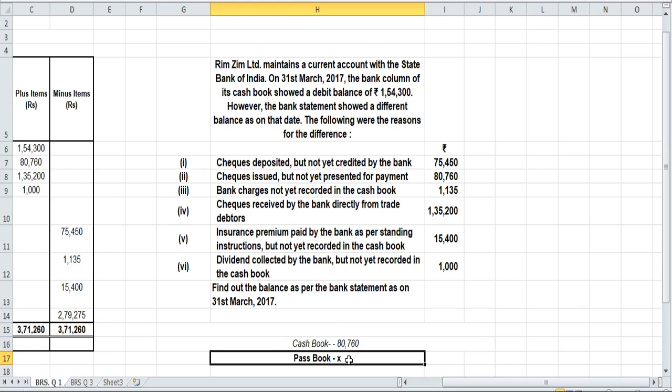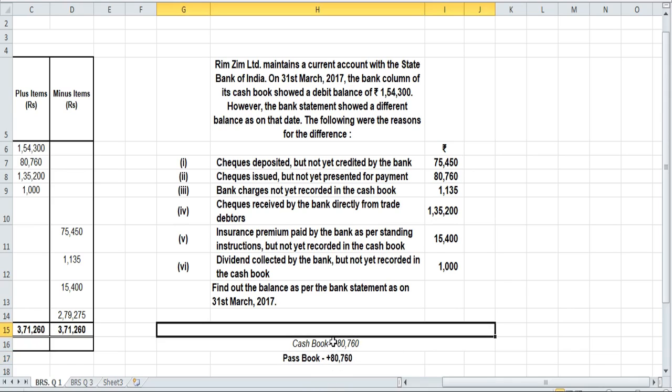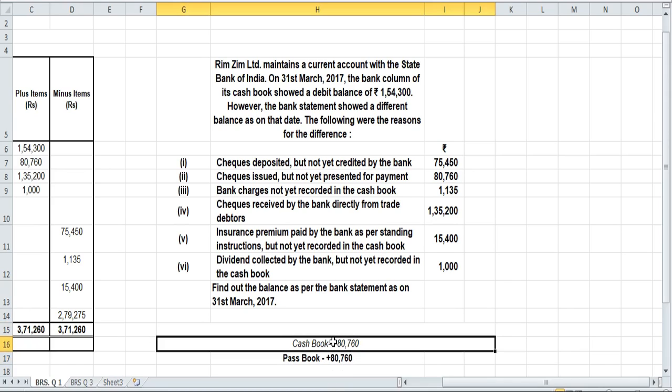So in our passbook we still have money. We have not taken out the money. How much money do we still have in the passbook? We still have the same 80,760.